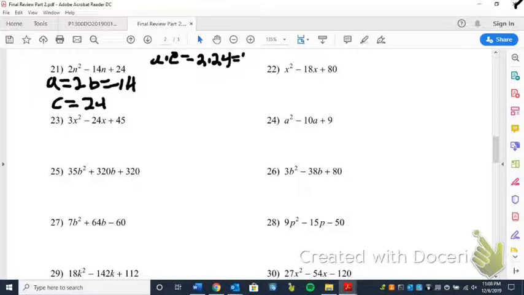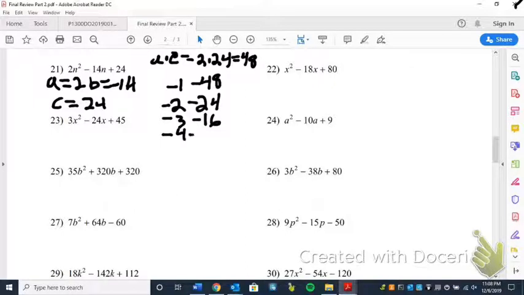We get 48. Step 3, find the factors of 48 that add up to negative 14. Negative 1, negative 48. Negative 2, negative 24. Negative 3, negative 16. And negative 4 and negative 12. And there we go.